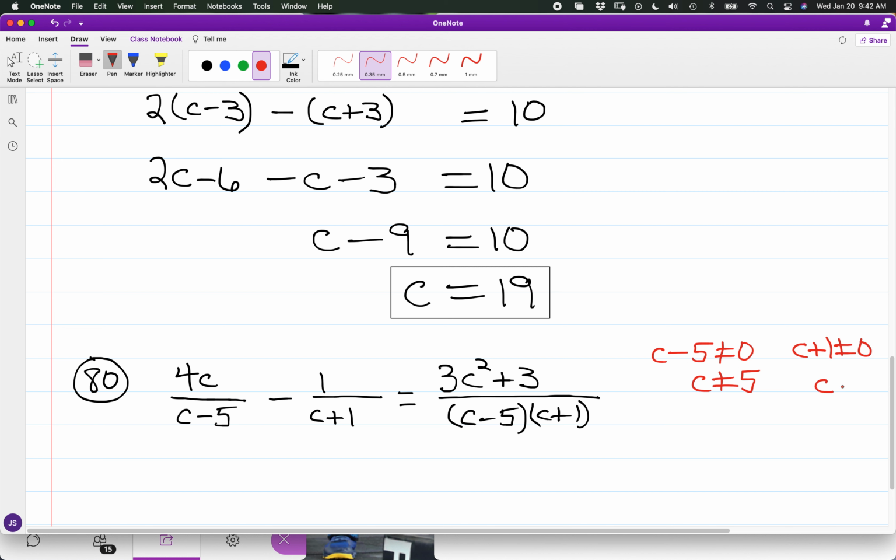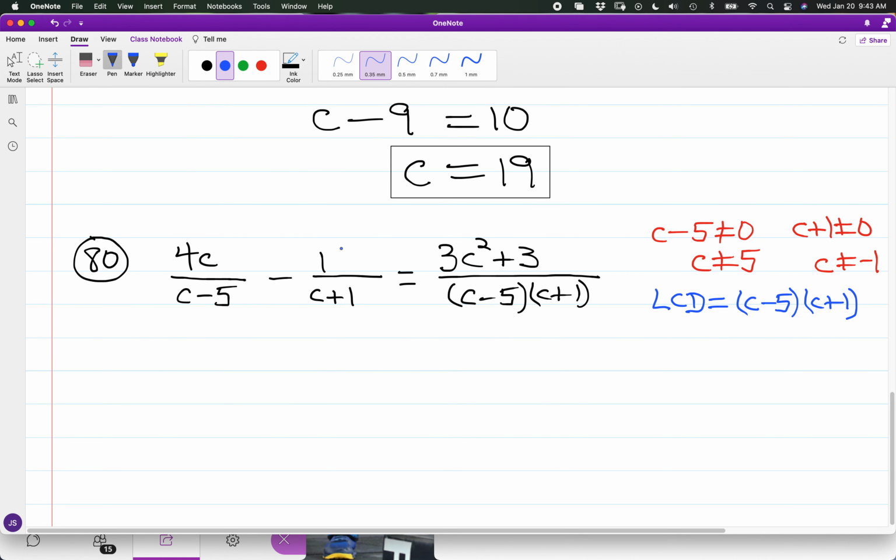As for the least common denominator, that's just going to be the product of c minus 5 and c plus 1. Again, we're going to cancel out the denominators. So upon distributing, with the first term, you have 4c over c minus 5.